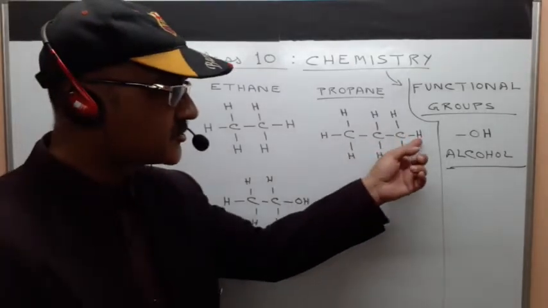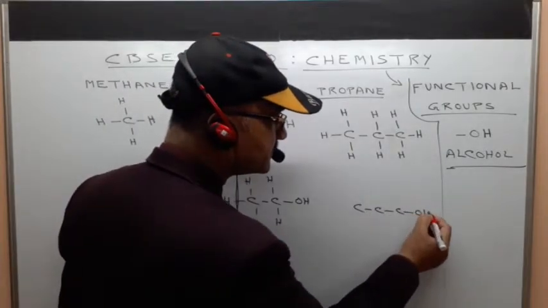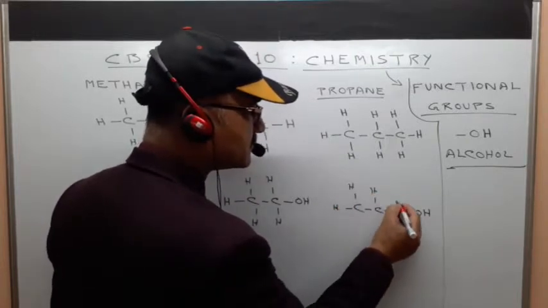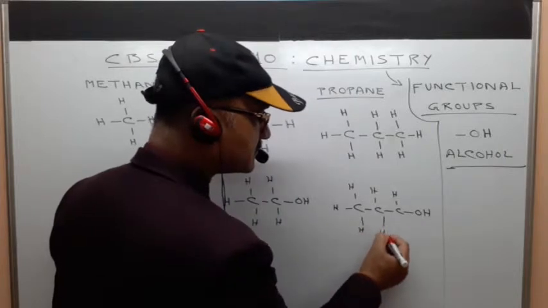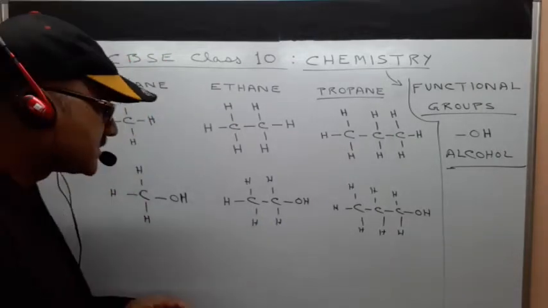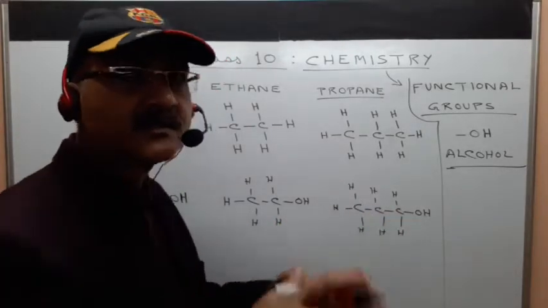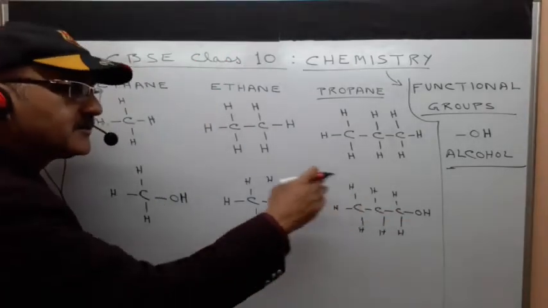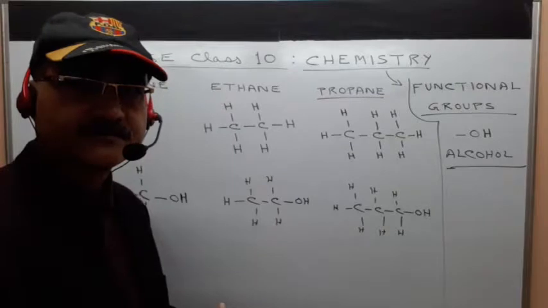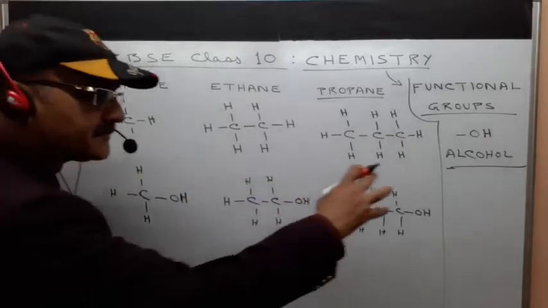If we replace this H with OH, with alcohol, it will become this. Now what we see is that the chemical properties of all these 3 are the same. So all these 3 are together called alcohols. Okay. Now let's learn the name of each one of them.